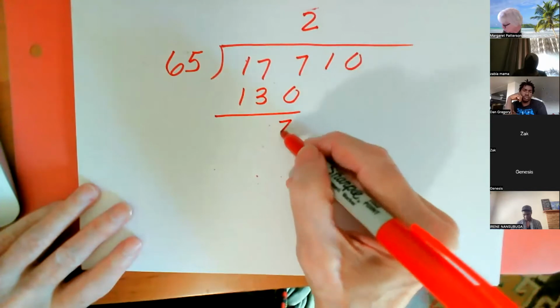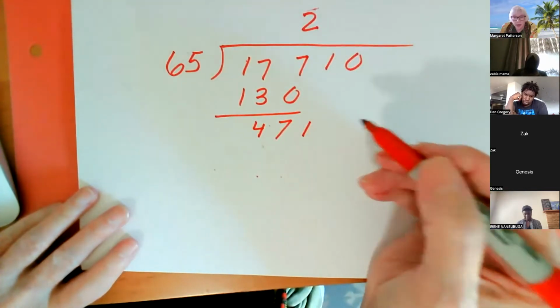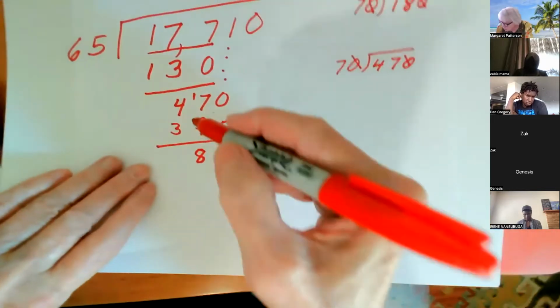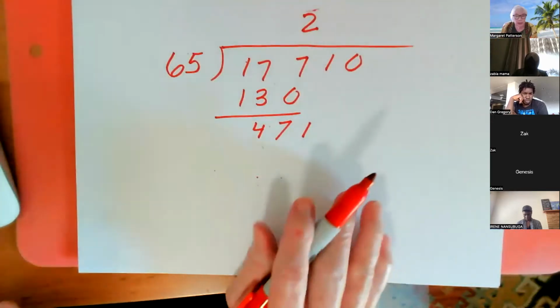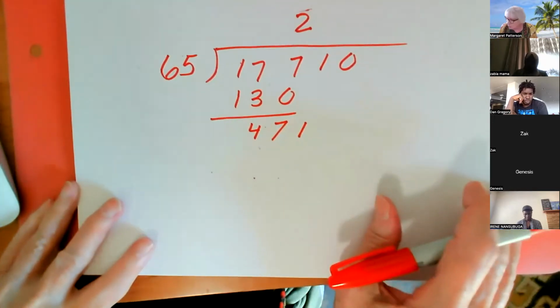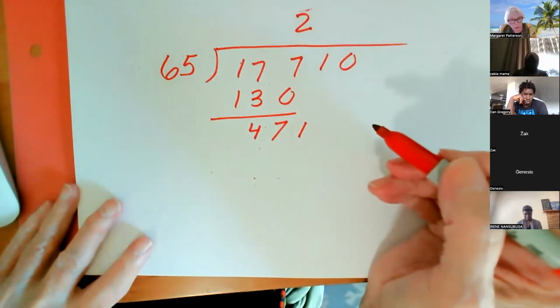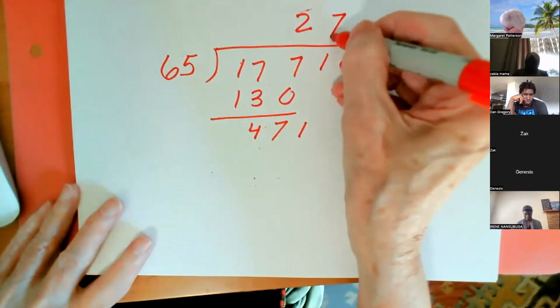We brought this down, but oh, that was a mistake here. I didn't bring that one down. But it didn't matter in the scheme of things. When we tried 6, it was too small because we had too much remainder. So I'm going to try 7 this time.